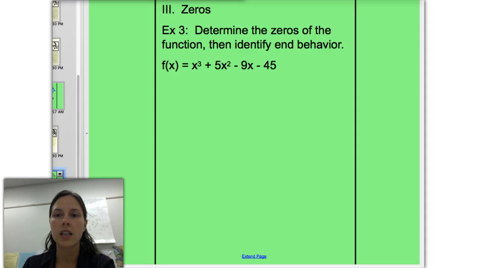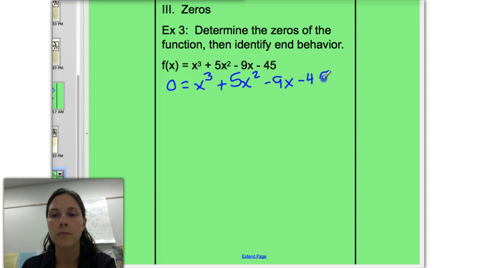And the last piece, we're going to take a look at just a reminder of factoring. So I've got one quick example for determining the zeros. So the first thing we're going to do is start by replacing f of x with 0 and solving for x. So when you see a quadnomial, a polynomial with 4 terms, your first thought should be to factor by grouping.